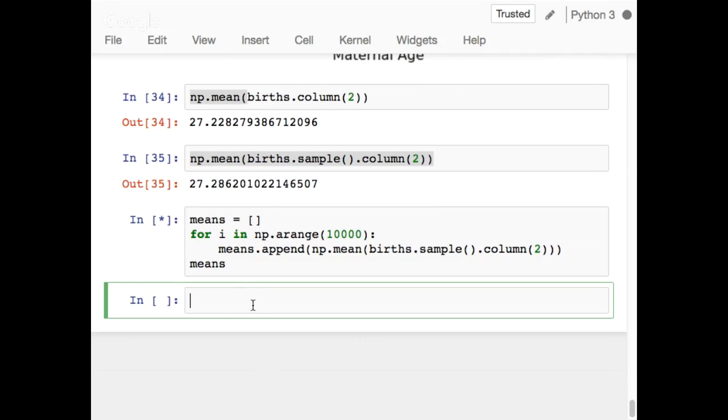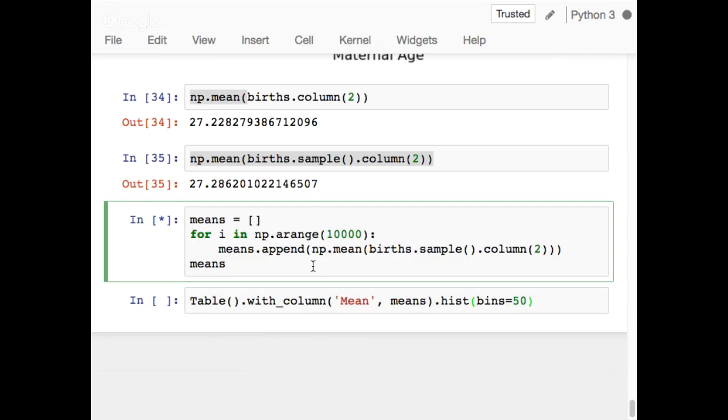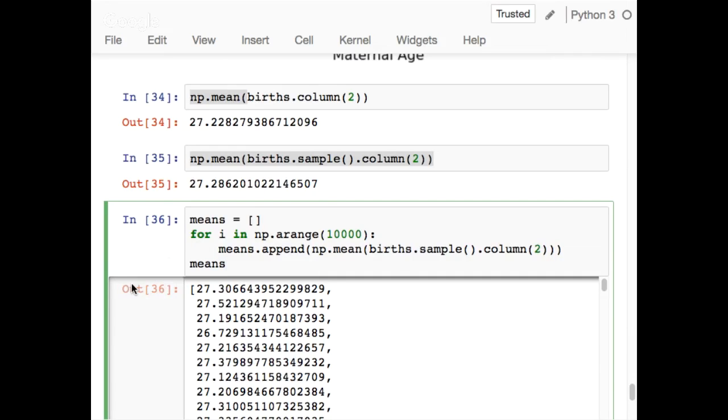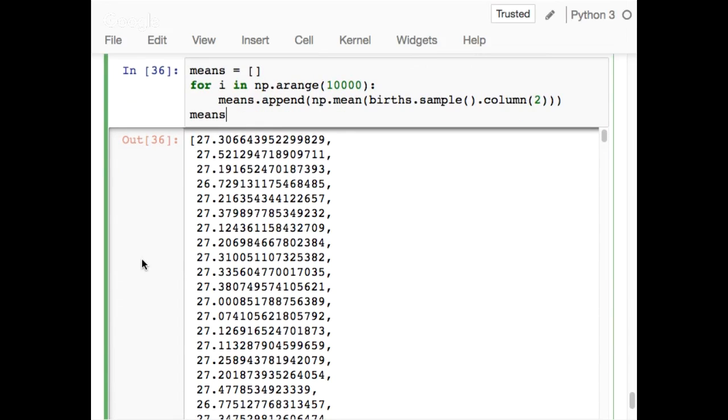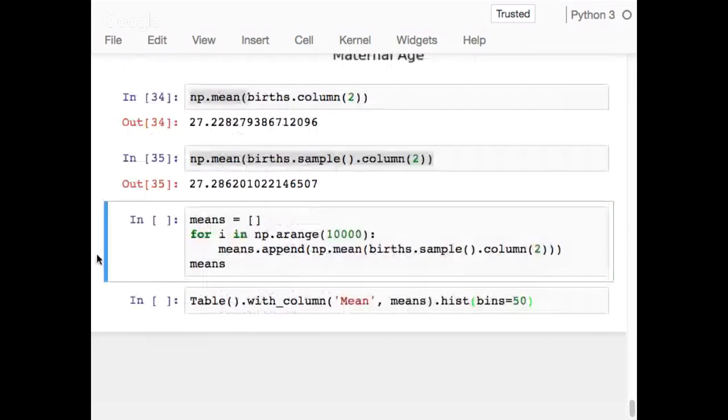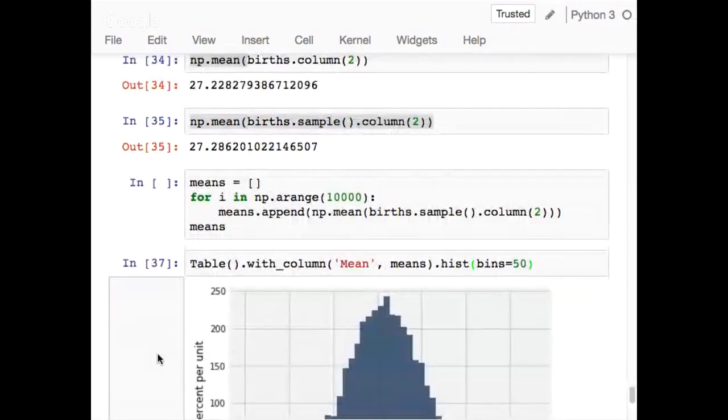Okay, so here are my means. I'm going to plot them in a histogram. So column, mean. Just going to chug along. There you go. So we have a bunch of means because I sampled from my population 10,000 times. I'm going to clear that because that's really big. Clear it. Plot them on a histogram.